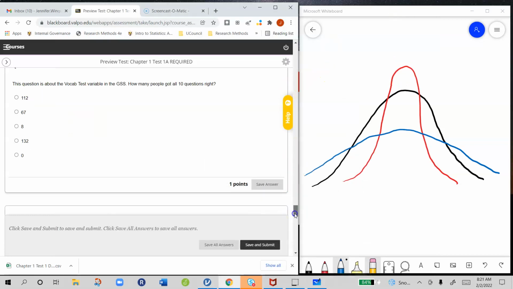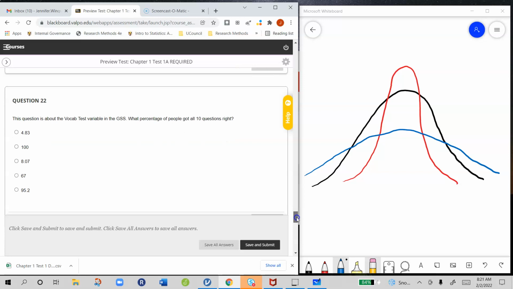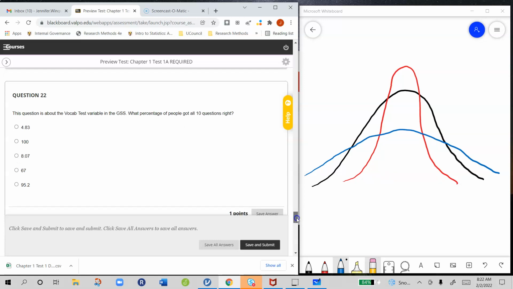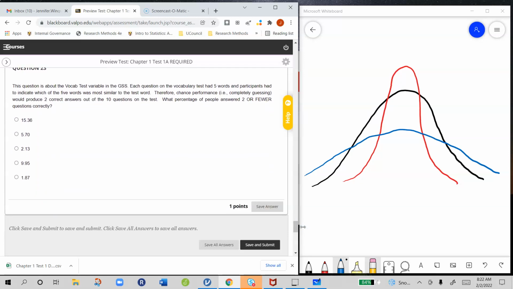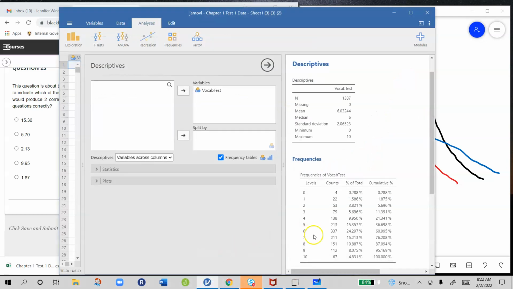All right, moving on. Next is what percentage of people got all 10 questions right, which we just answered. Number 23, what percentage of people answered 2 or fewer questions correctly? Here, I want to look at the number of people who got 2 or fewer correct. So I'm going to look at level 2. We have 53 people got 2 correct, 22 got 1 correct, and 4 got 0 correct.